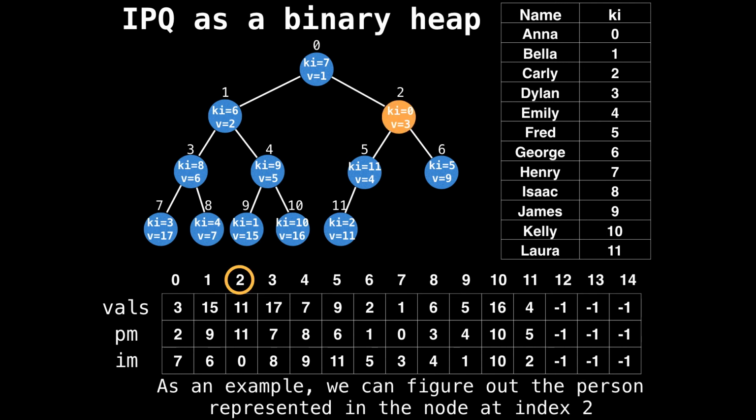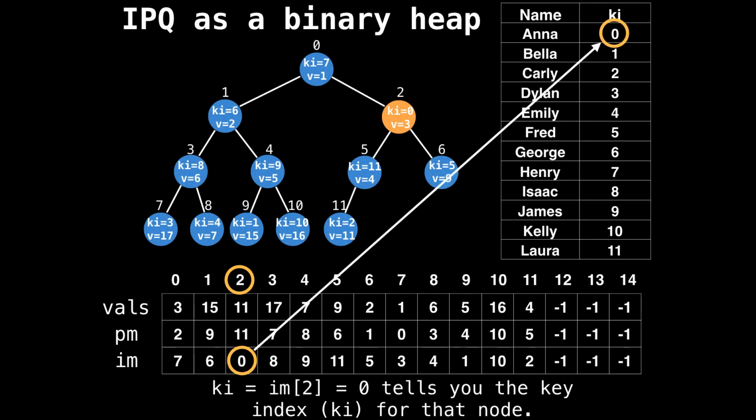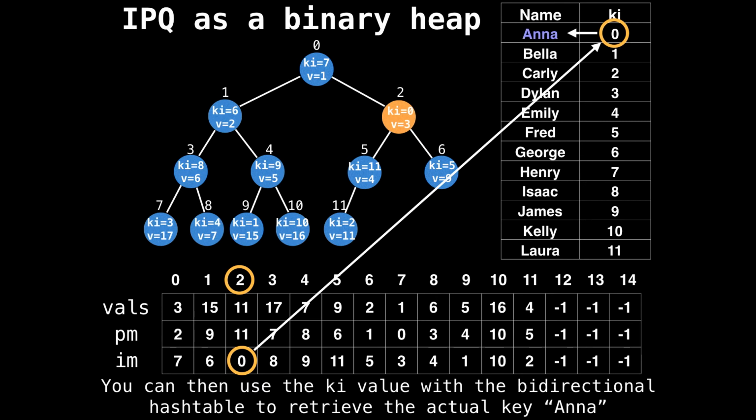To do that, simply do a lookup in the inverse map at index 2. This gives us information about which key index is associated with that node. Knowing the key index enables us to retrieve the actual key by doing a lookup in our bidirectional hash table. In this case, the node at position 2 represents the key Anna.